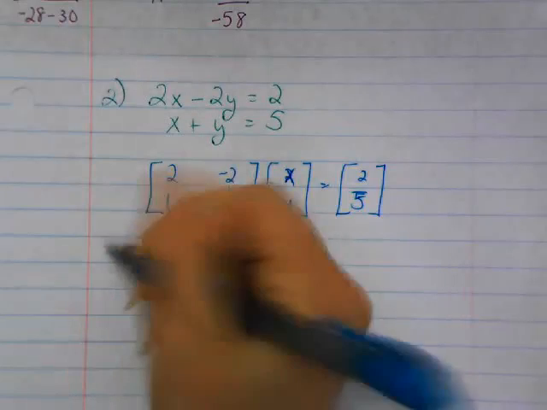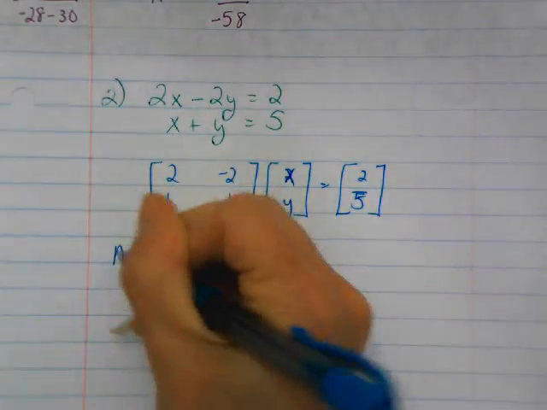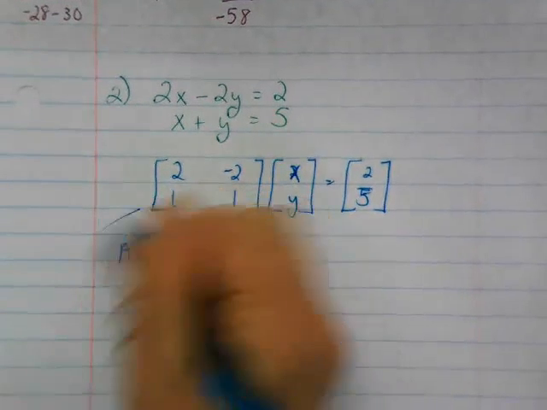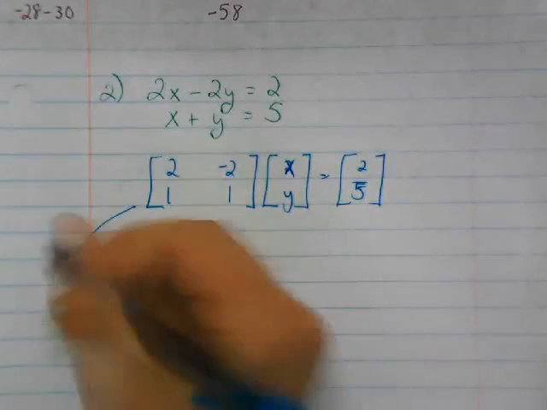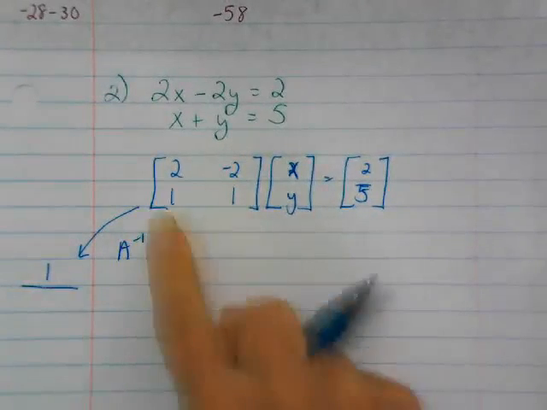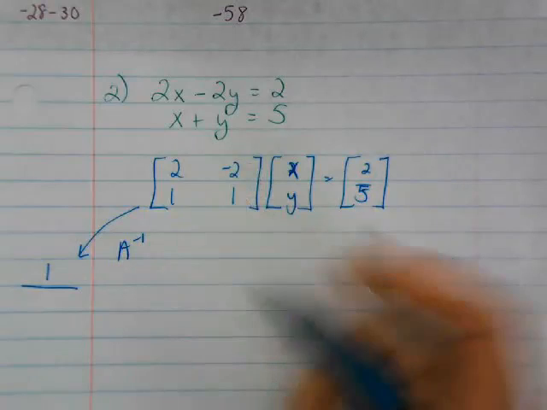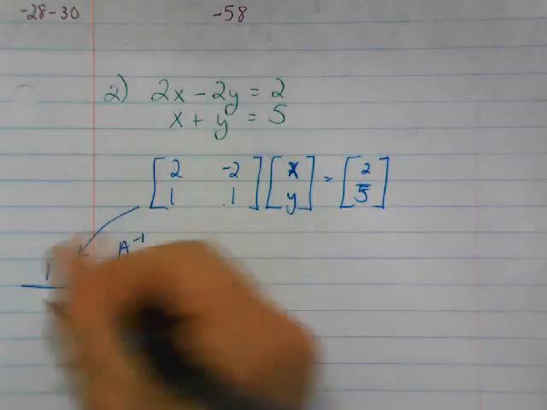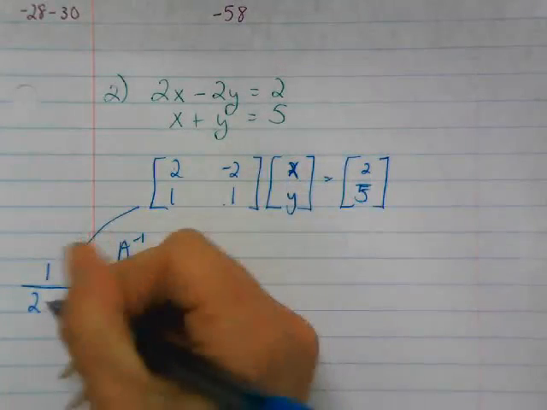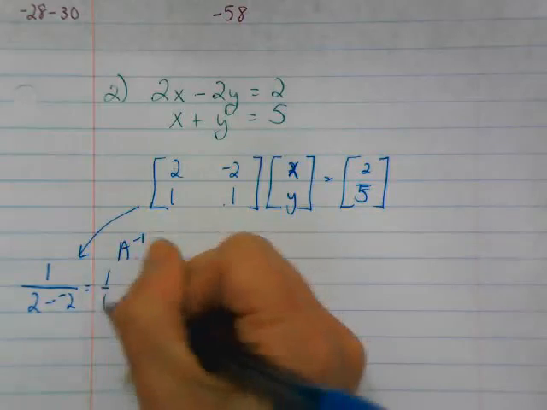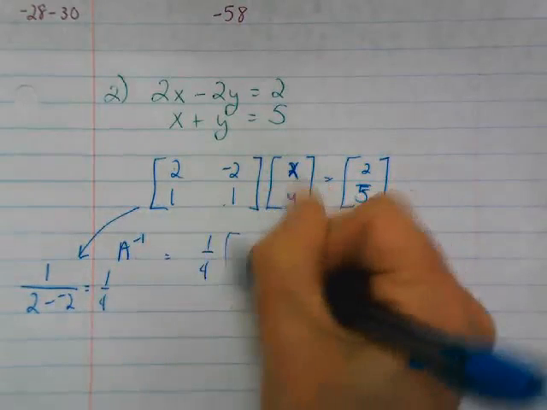Alright, so the first thing you're going to do is come over here and do your 1 over AD minus BC. So AD is 2 minus a negative 2 gives me 4, so 1/4. So I'm going to do 1/4 times, I swap these guys, I negate these guys.